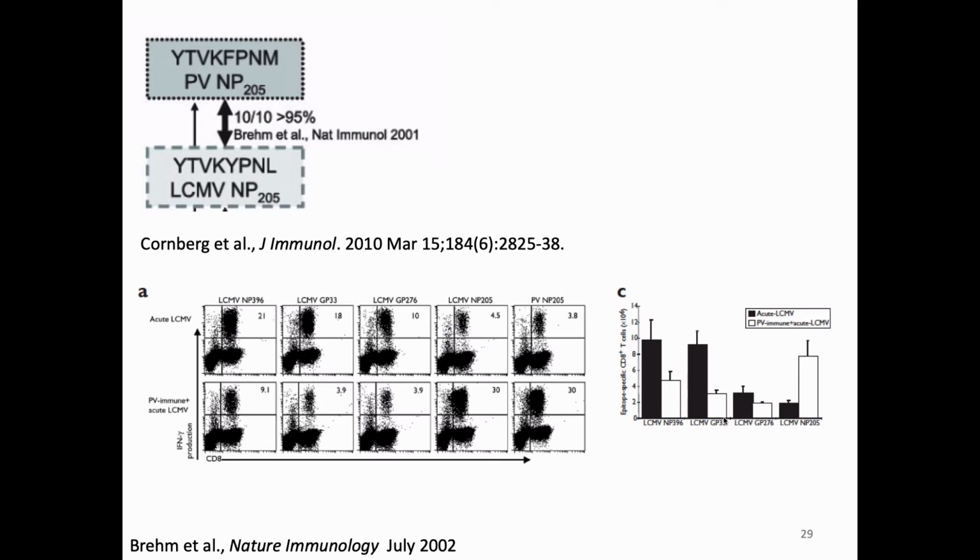If you got infected with a past virus that happens to be cross-reactive with a virus you got today, you're going to make a memory response. Your friend who didn't have that past infection is not going to make a memory response. So you're going to be protected and not get sick, and your friend is going to get sick. So cross-reactivity leads to the idea that past infections, your immune history, your infection history, can play a big role in determining your outcome to infections.